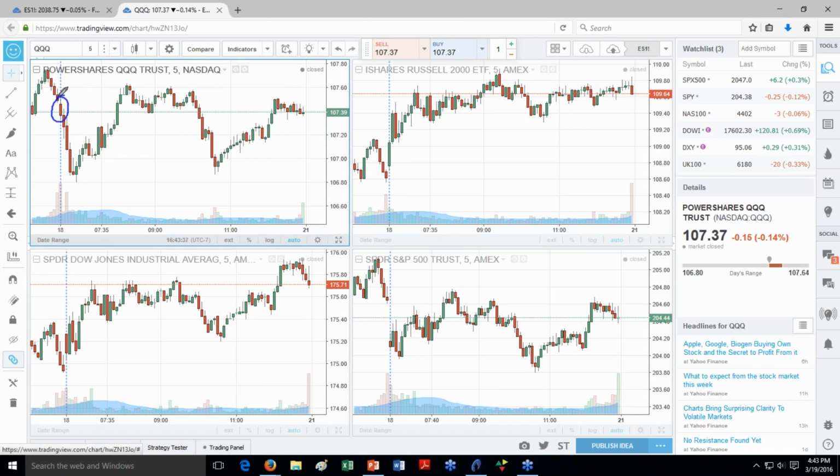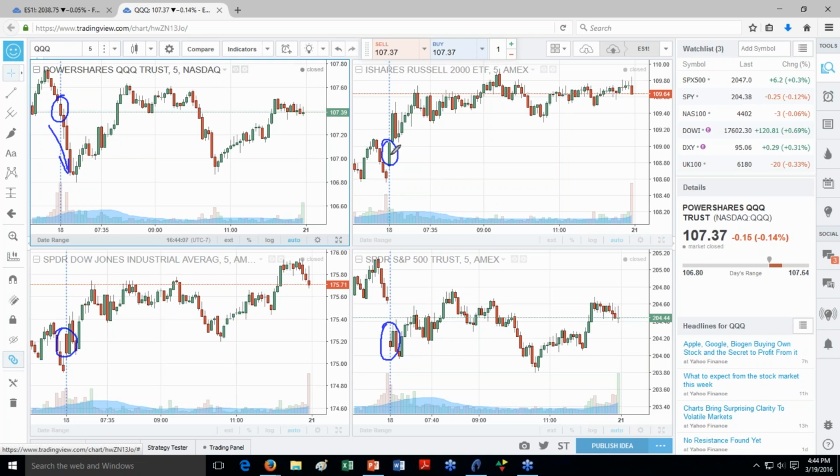You want to see what kind of opening you're going to have, what is stronger, what is weaker at this opening. So we see that NASDAQ 100 is opening to the downside, whereas Russell is actually having a much better opening. Dow Industrial is having a better opening than Qs, and then Spiders is having the worst opening.